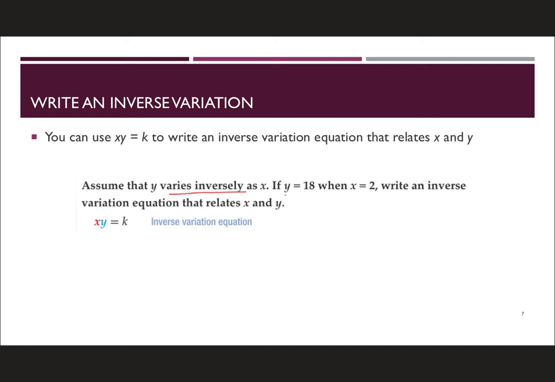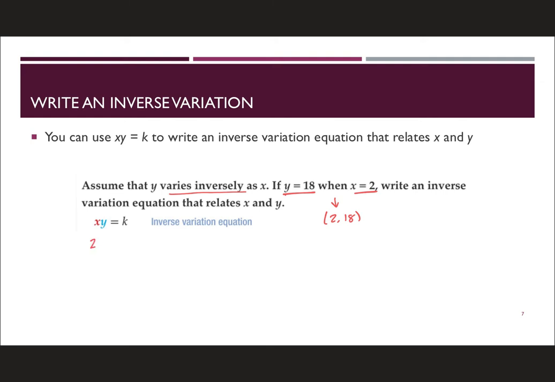So, if x is 2 and y is 18, then they form the point 2, 18. And just like in the table, when we're looking to see whether it was inverse or direct variation, we're going to multiply these two coordinates together and see what we get.